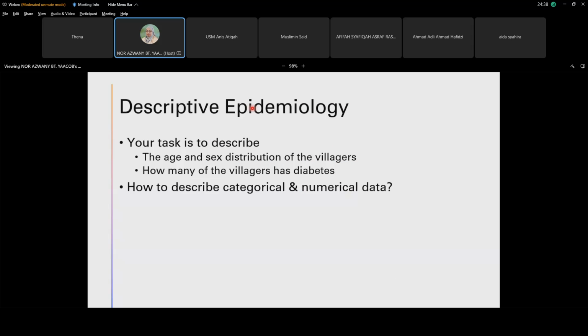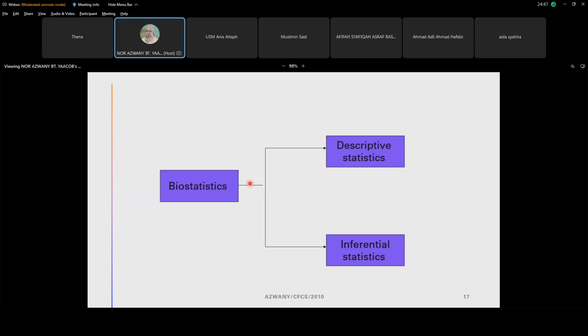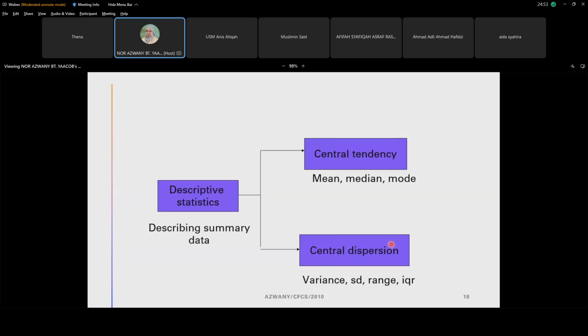So in GMT 206 also, I gave you a lecture on descriptive epidemiology, and then we go for the statistics part. Okay, we have descriptive and we have inferential statistics. For descriptive statistics, we have the central tendency, the one that you mentioned today: the mean, median, mode, and the dispersion, which is the variance, standard deviation, range, and interquartile range.